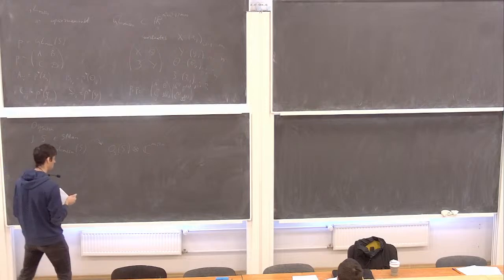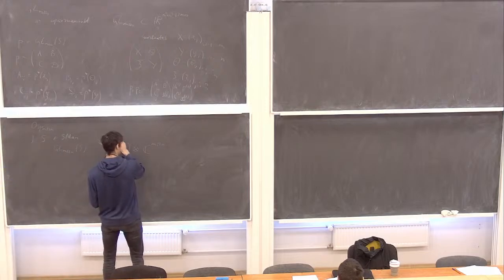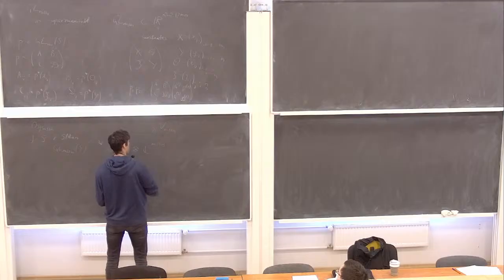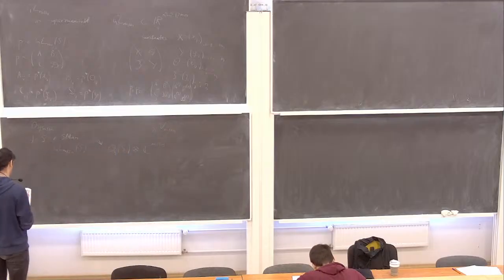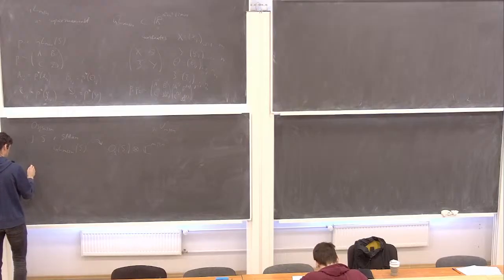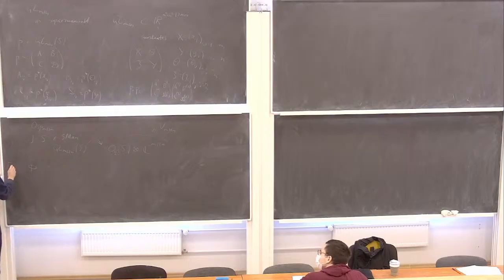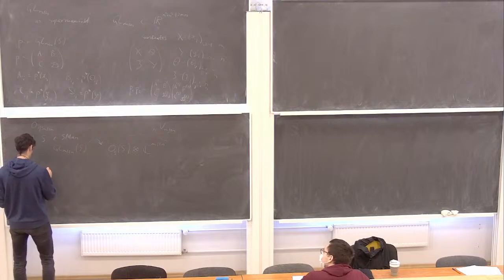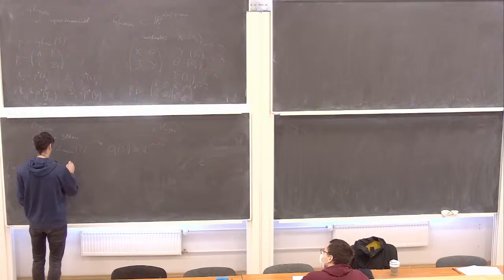Now let me denote this guy by V^(m|n). And then let me consider an element phi. So fix phi. This will be an equivalent of a non-degenerate symmetric form.